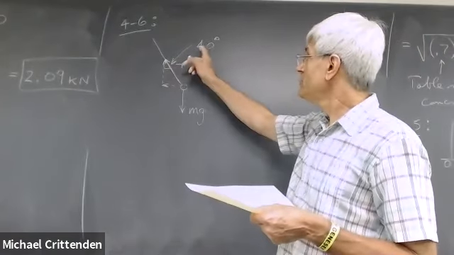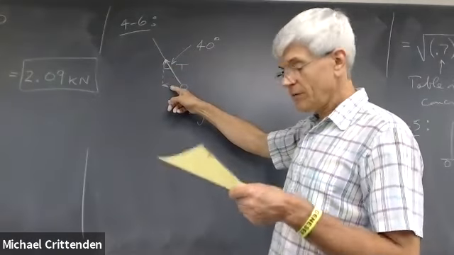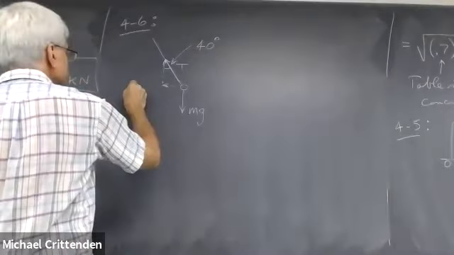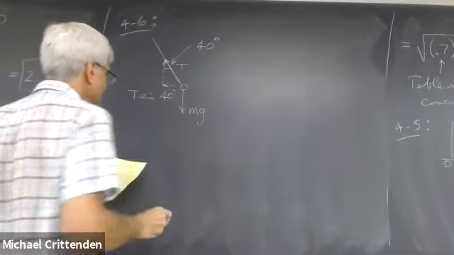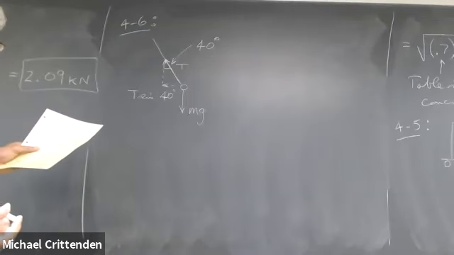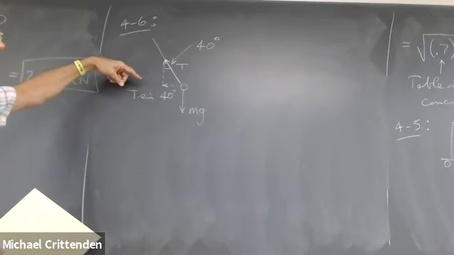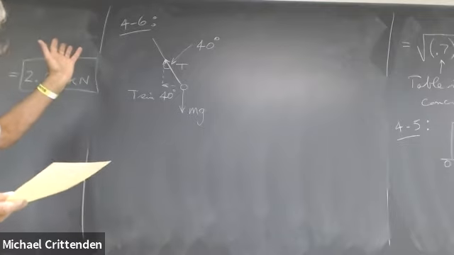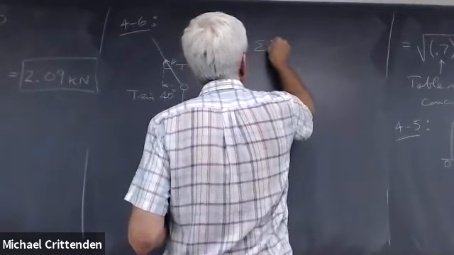We have here an angle measured from the vertical. So the opposite side is the X component. That would be T times the sine of 40, or cosine of 50, if you really want to do it that way. The Y component would be T times the cosine of 40, but I'm not going to bother writing that down because it turns out I won't be using it for anything.